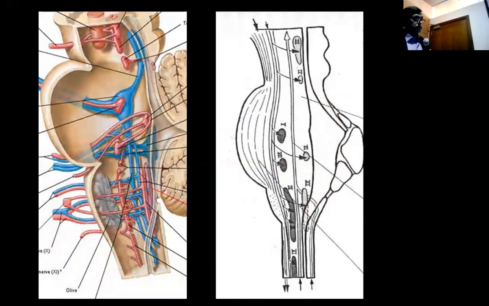So in the back of the brainstem here, you'll find cranial nerve nuclei, and in the anterior part here, you'll find the long tracts. So the best way to reach the brainstem is lateral. You will avoid the long tracts, you will avoid the cranial nerve nuclei.